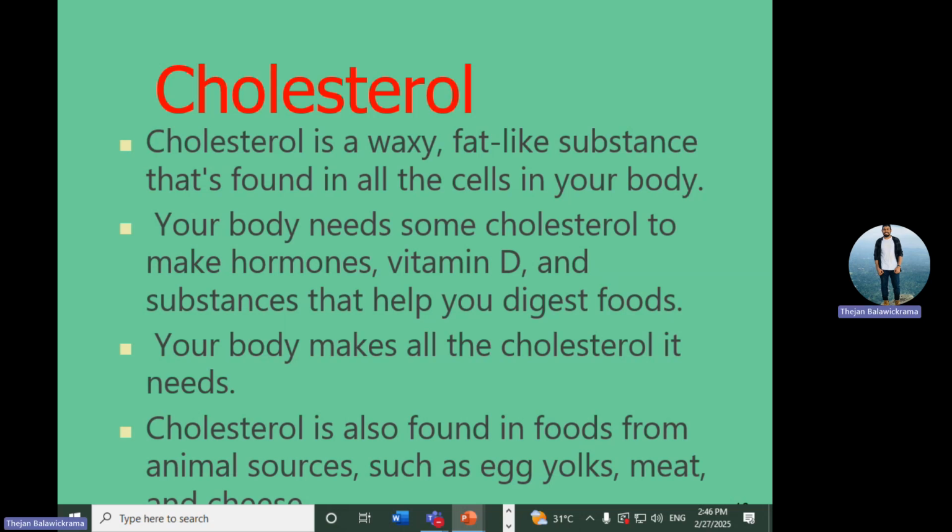Well, why do we need cholesterol? We know that when we are exposed to sunlight, we make vitamin D. At what time of the day? Any time? No, what time? Morning, yeah, morning. But do we really expose ourselves to sunlight in the morning? Is that actually happening in our day-to-day life, in our schedules? No, right?